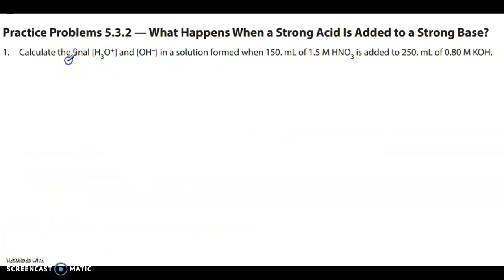So we're going to calculate the final hydronium and hydroxide concentrations in a solution formed when, so now we're dealing with volumes, we have 150 mL of 1.5 mole per liter nitric acid and 250 mL of 0.80 mole per liter KOH. So the first thing we need to do is figure out what the concentration is after dilution.